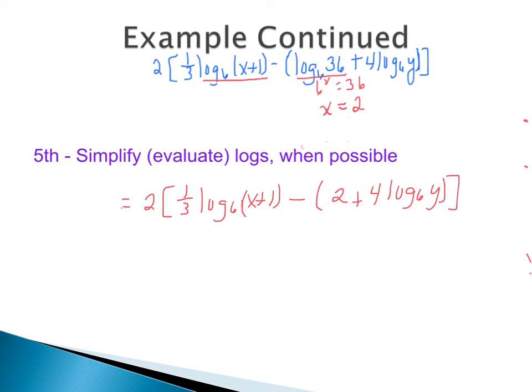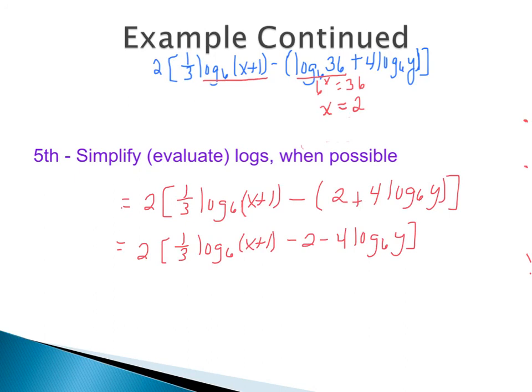Another form of the correct answer would be if we distributed the subtraction inside of our braces. So we would have 2 times 1/3 log base 6 of x plus 1. Distributing that subtraction, we'd have minus 2 minus 4 log base 6 of y. So that's another answer that's equivalent to the original.